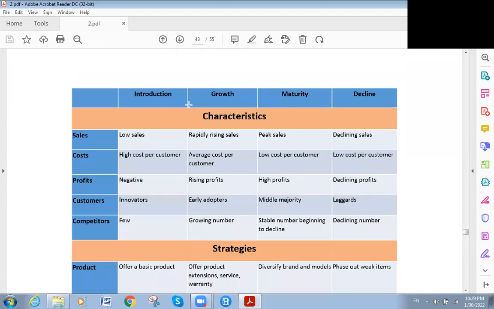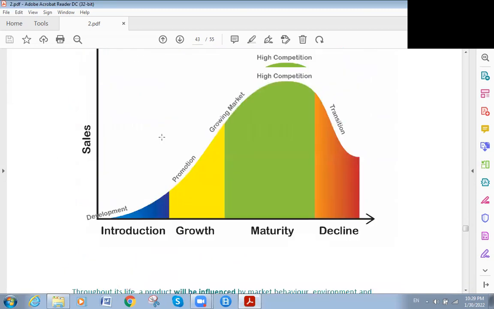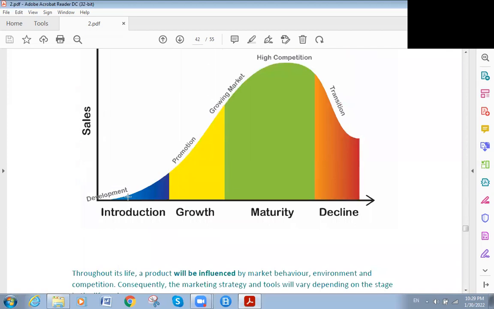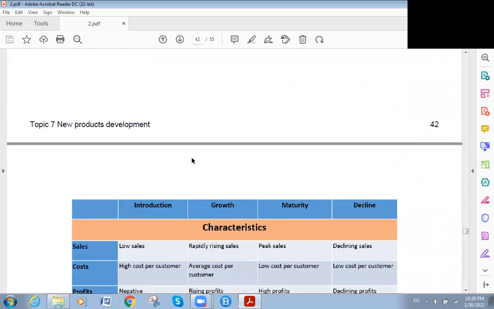Here, as an example, the strategies and what you will do for each stage of this. As an example, in the introduction, the sales are slow and very low.